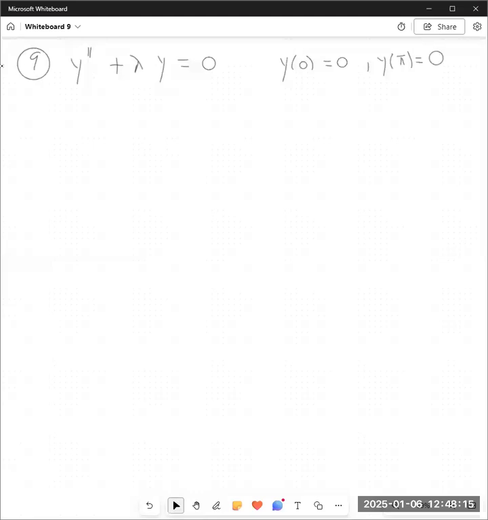Now, we talked about what the trivial solution is before. We're not interested in the solution y equals 0 because, of course, any derivative of that function is going to be 0, and you multiply by 0 and you're always going to get 0.